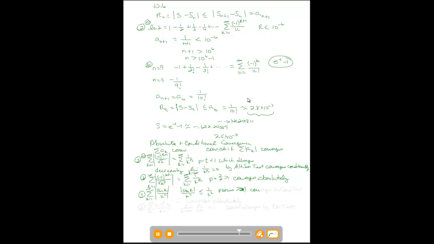So it converges by the comparison test. So I'm comparing it to 1 over k squared. 1 over k squared converges, and it's less than that, so it converges. And since I started with the absolute value on this, it converges absolutely.